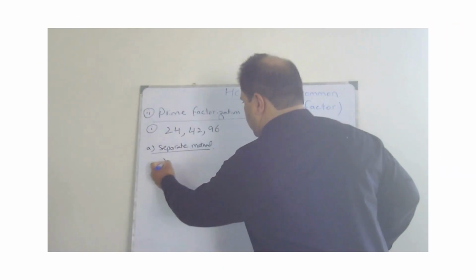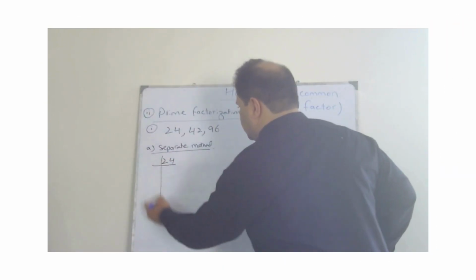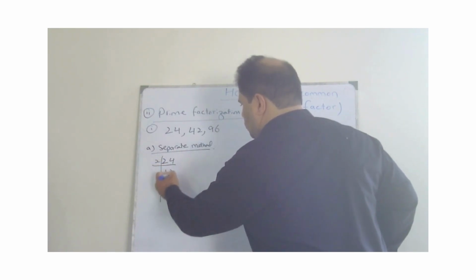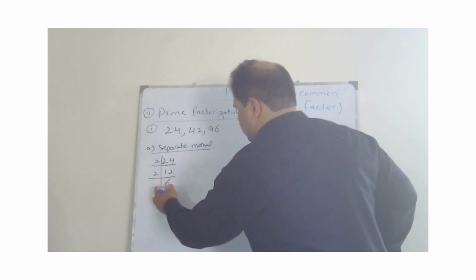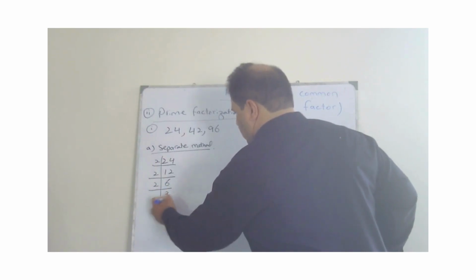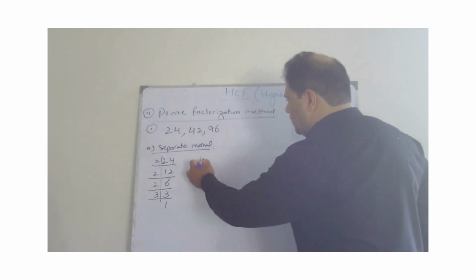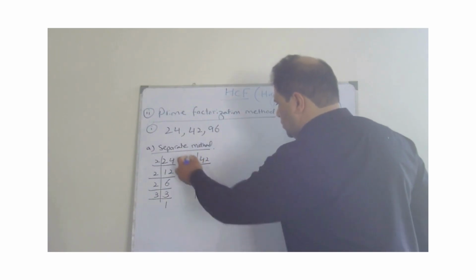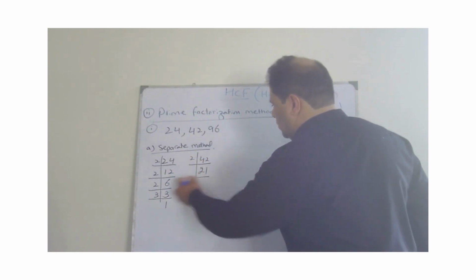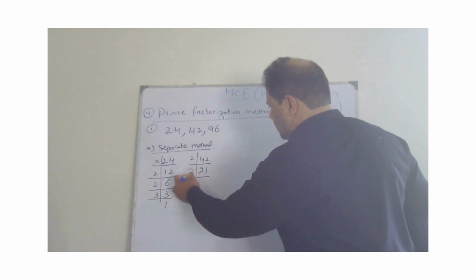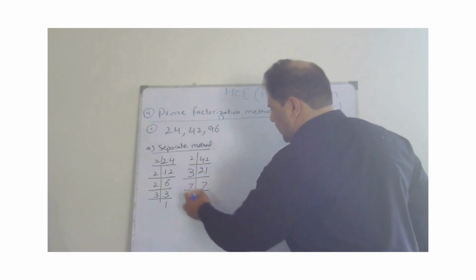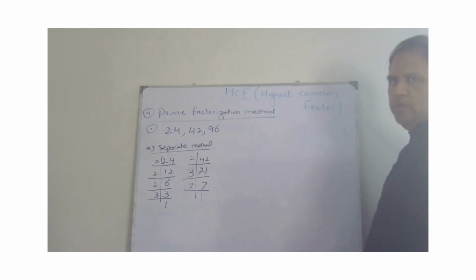First we will do the prime factorization of all the numbers separately. For 24: 2 times 12, 2 times 6, 2 times 3 and 3 times 1. These are the factors of 24. Coming to 42: 2 times 21, then 3 times 7 and 7 times 1.